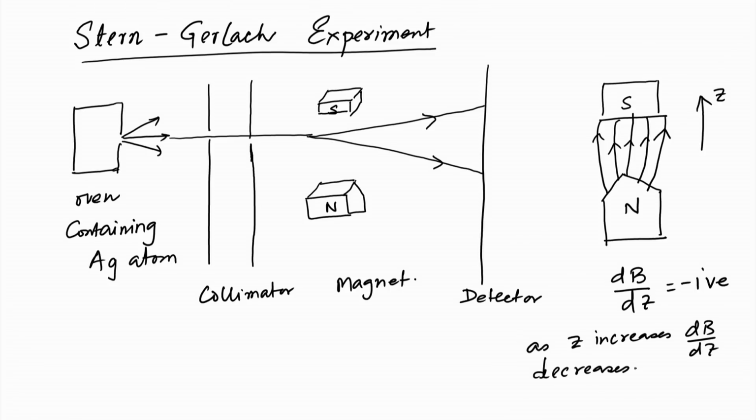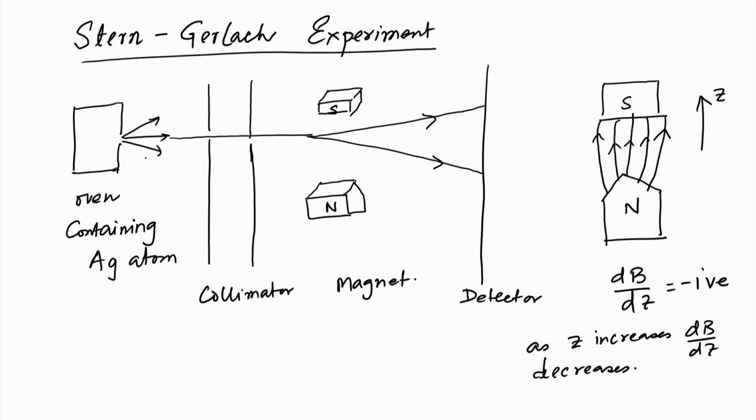So, once again I just repeat that this is an oven containing silver atoms. We will discuss this. Silver has 47 as the electronic configuration. They are coming out in all possible directions.